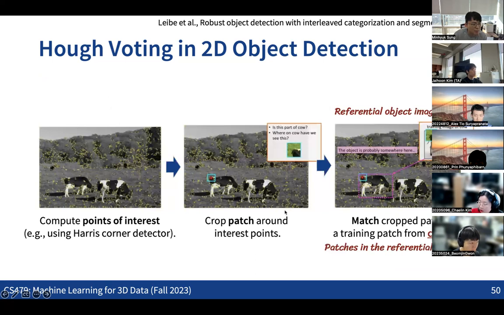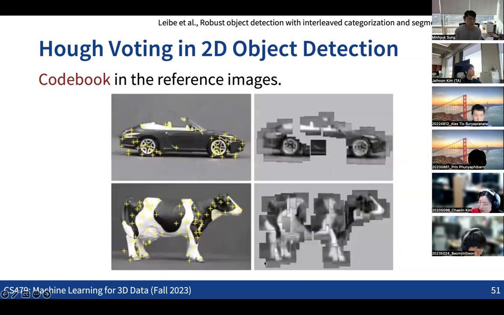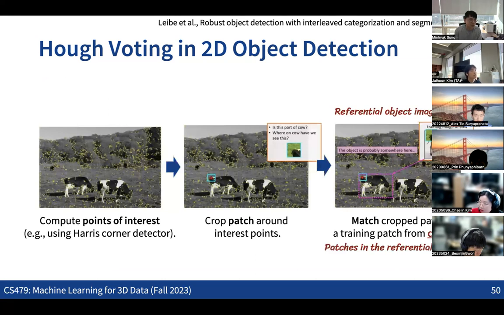When you compare the patches that we extracted from the input image and the patches that we extract from the reference images, the patches in the reference images will be called the codebook. So we compare the patch that we extracted with one of the items in the codebook. If the cropped patch matches one of the items in the codebook, then we can say that this might be a patch that really belongs to the objects we have in the reference set, right?